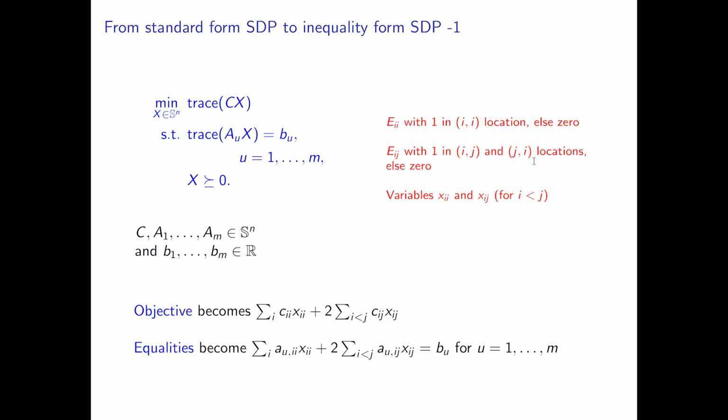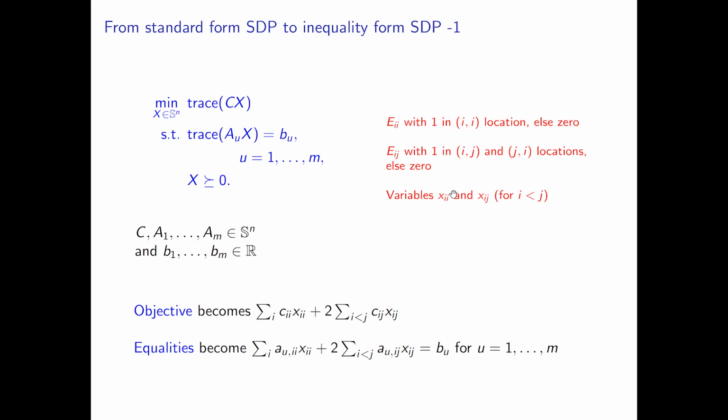E_ij, because it's supposed to be symmetric, has got 1 both in the ij location and in the ji location. This is just some notation. And I'm going to introduce some variables x_ii for the diagonal ith entry and x_ij for the off diagonal ij entry, but it plays the role symmetrically, so it covers both ij and ji.